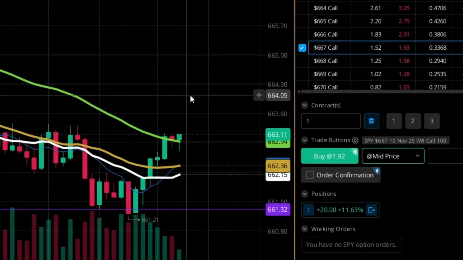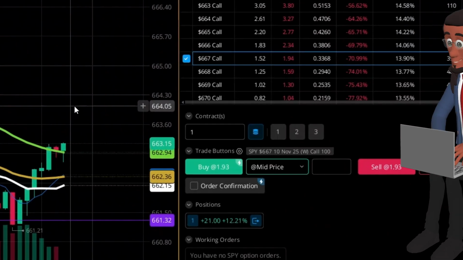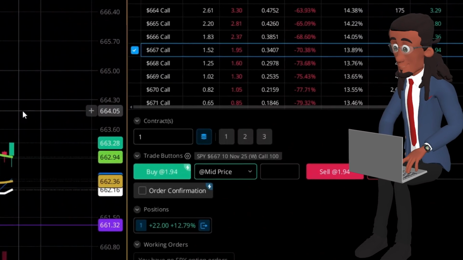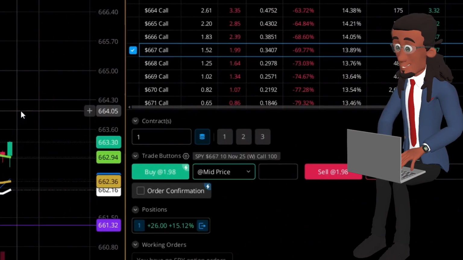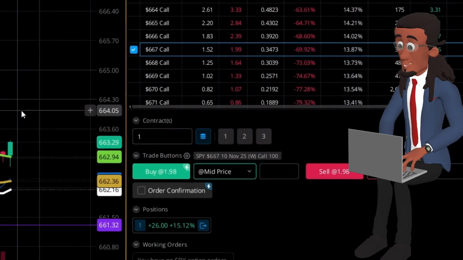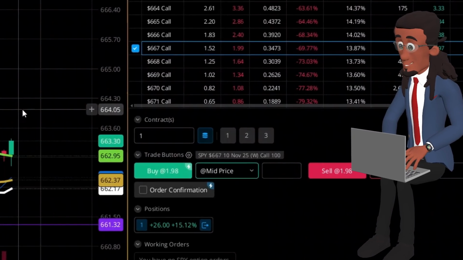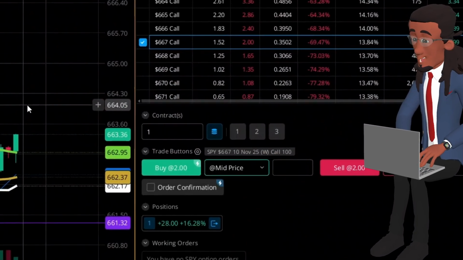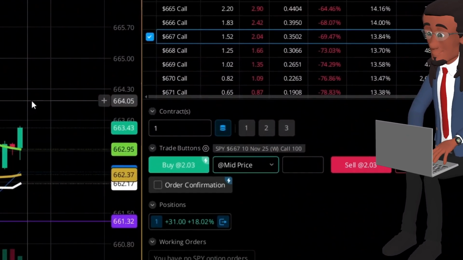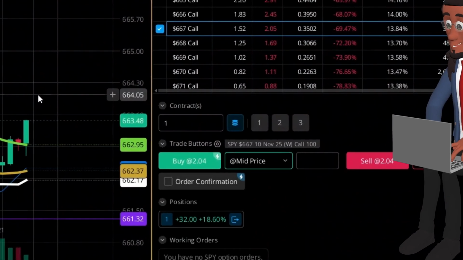They're getting in, they're following the crowd. They don't understand delta. They don't understand the bid and ask spread, market orders versus limit orders, stop limit orders versus a stop loss. You need to understand how these micro math equations factor into your wins and your losses.